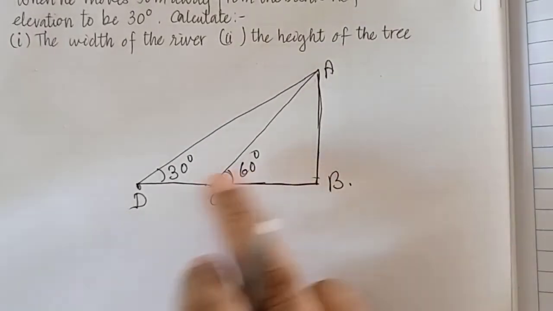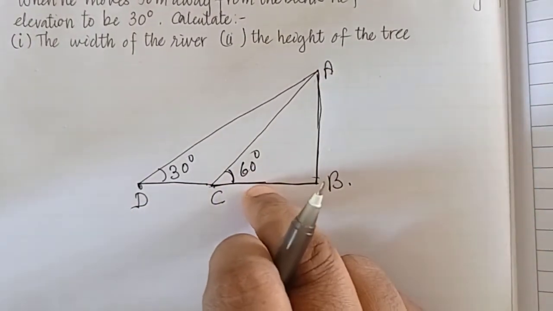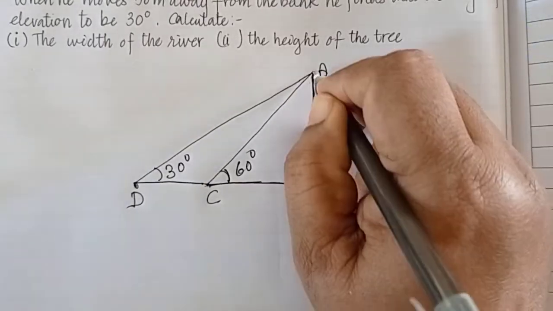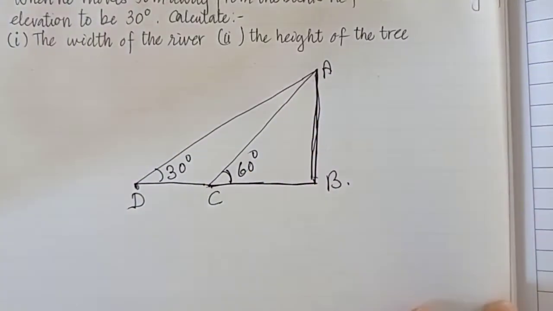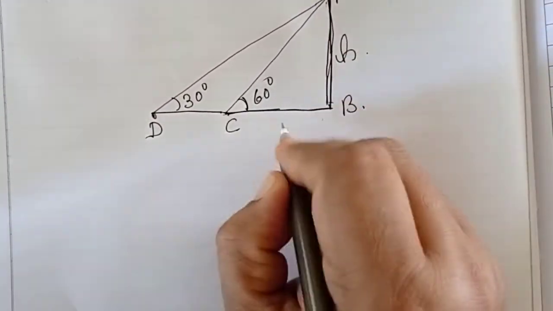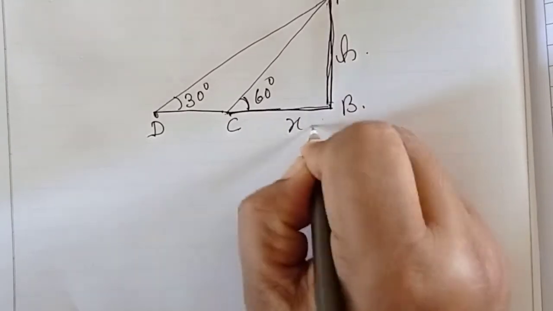If two angles are there, always take the greater angle near to the vertical side. Okay. Now we can mark the height as H and this BC as X.